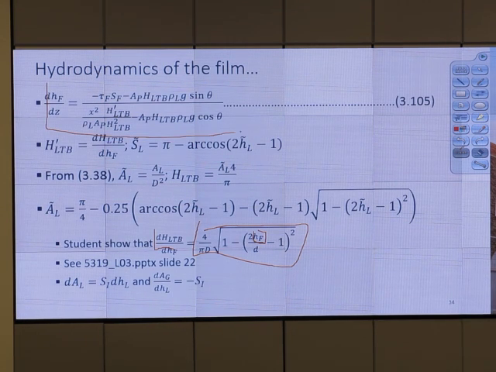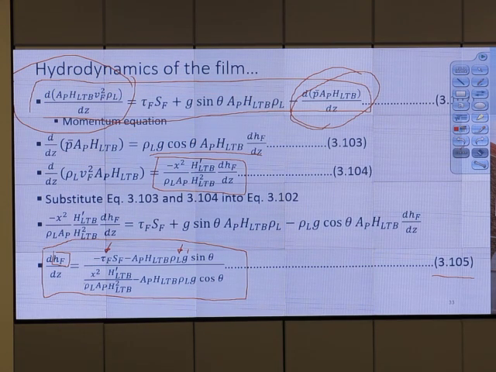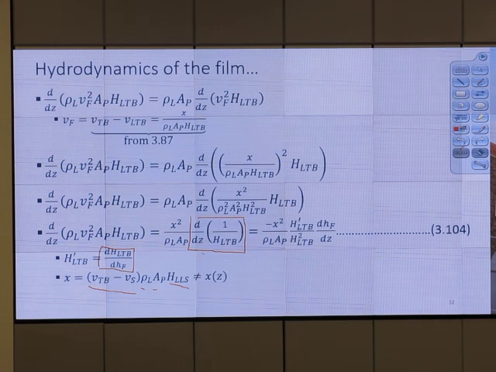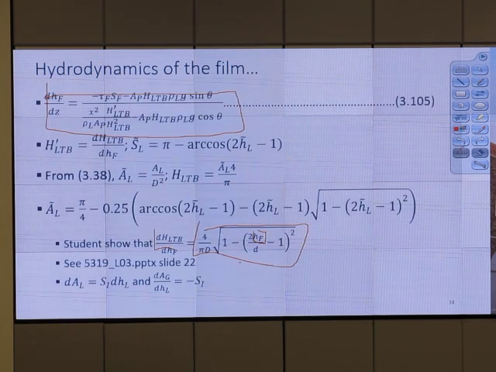We are at this equation. That's the same equation. Come to see me after class, how about that? Okay. It is correct, and it is the same as in your book.